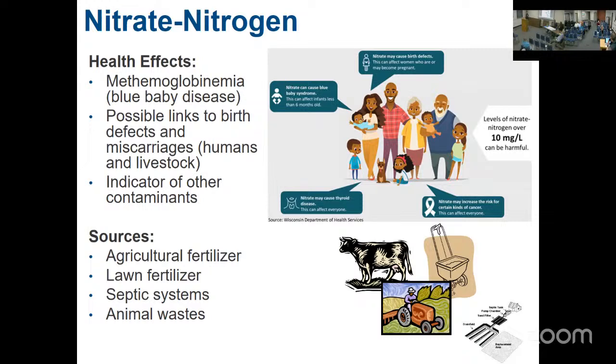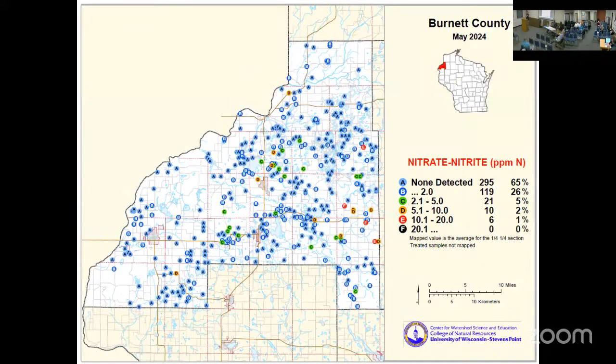When we look at the nitrate, there's some really good news for people in Burnett County in that when we look at less than 2, we'll just say that things less than 2 are natural or background levels. That accounts for 91% of the water samples submitted at background or natural levels.